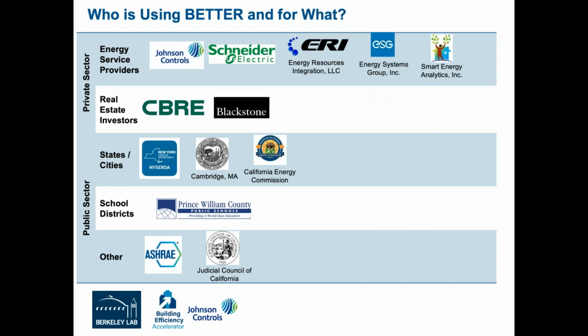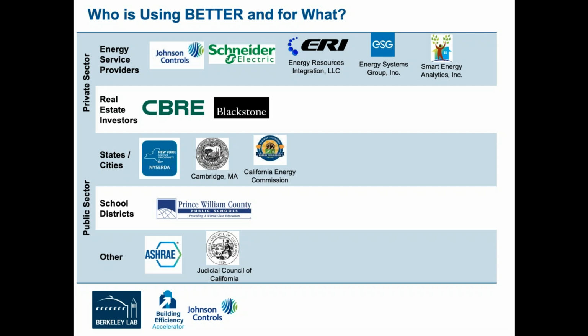So currently, who's using our beta version and what are they using it for? You can see here a snapshot of different stakeholders in public and private sector that have taken advantage of the Better tool. So we're working with several energy service providers, both large Fortune Global 500 ESCOs like Johnson Controls and Schneider, and some smaller ESCOs, Energy Systems Group, for example, Energy Resources Integration.